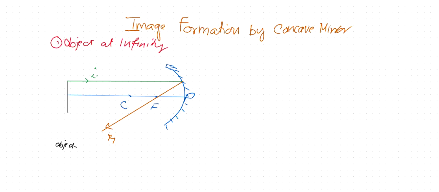I'll take the second incident ray also as one parallel to the principal axis, but it would be from the bottom of the object, so it's below the principal axis.